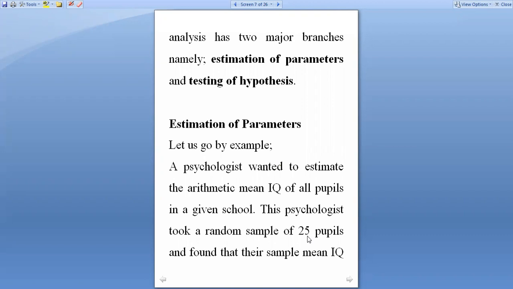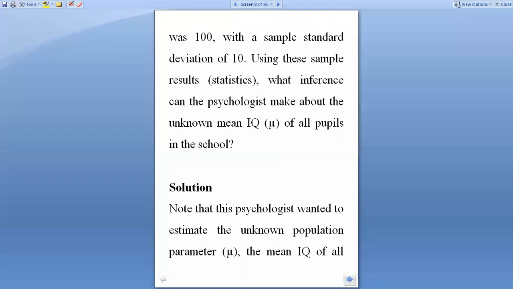He took a random sample of 25 pupils, calculated the sample mean IQ and found it to be 100. He also calculated the sample standard deviation and got 10. Then we can use these sample results, or these statistics, to make inferences about the unknown mean IQ, which is the mu, of all pupils in the school.